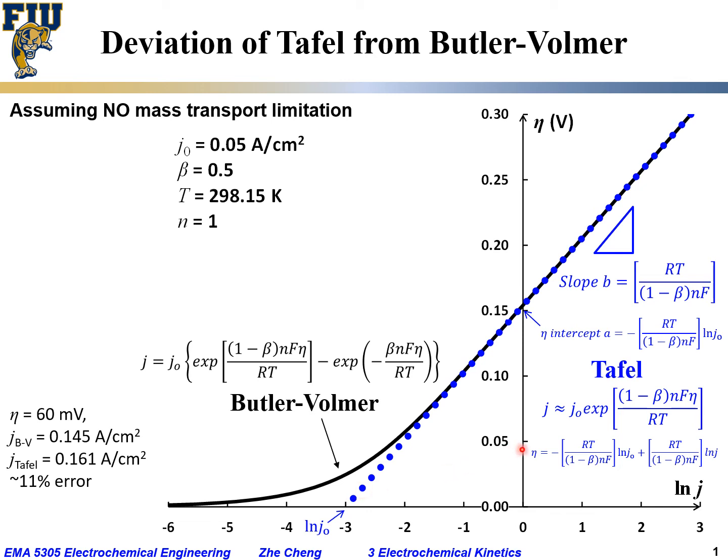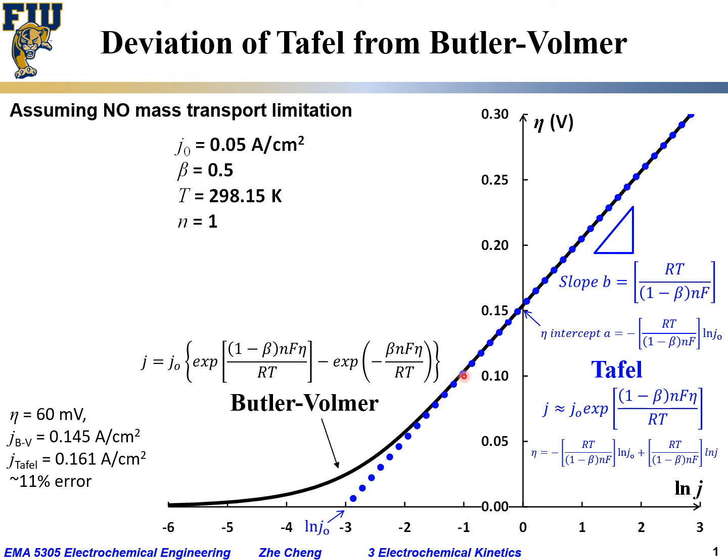For example, even at an overpotential of 60 millivolts, slightly higher than here, the current density calculated from the Butler-Volmer equation is 0.145 amp, while that calculated from the Tafel relationship is 0.161 amp per square centimeter, and the relative error would be 11%.